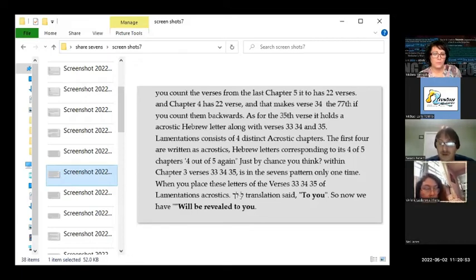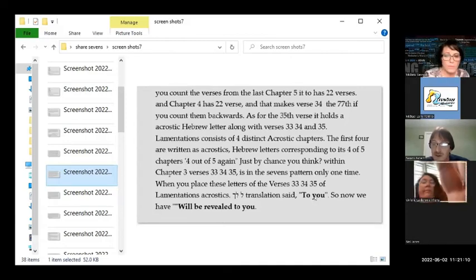So the 33rd, 34th, and 35th verses have acrostic letters. There are letters that are represented in the chapters themselves, in the verses.